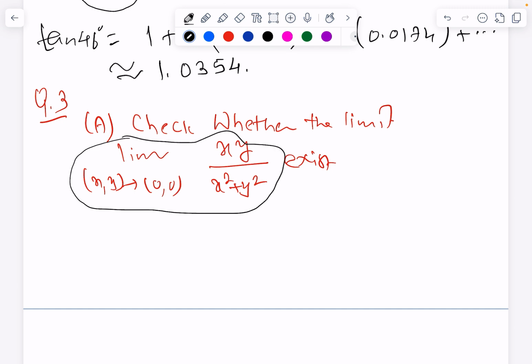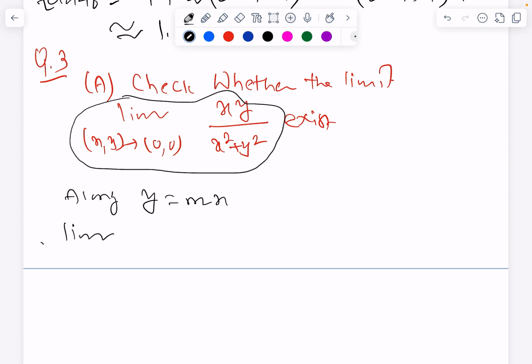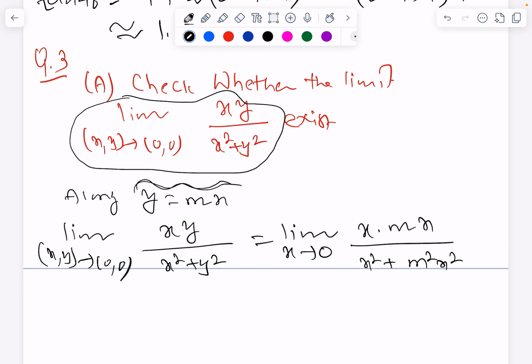So let us first use the different path approach. If we use the path along y equal to mx, then limit as (x, y) tends to (0, 0) of xy over x square plus y square equals limit x tends to 0, because now everything will be converted into x, of x into mx over x square plus m square x square.